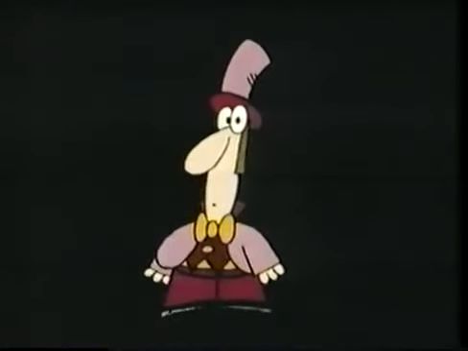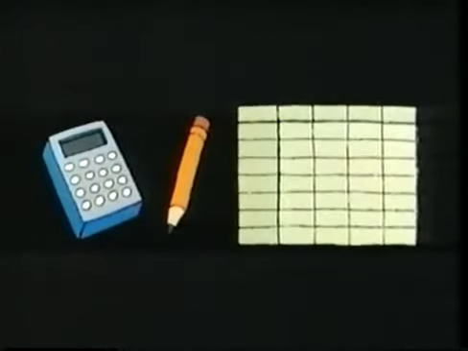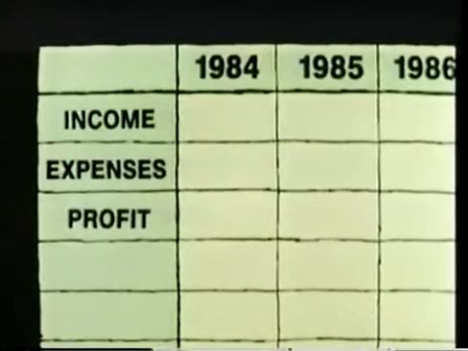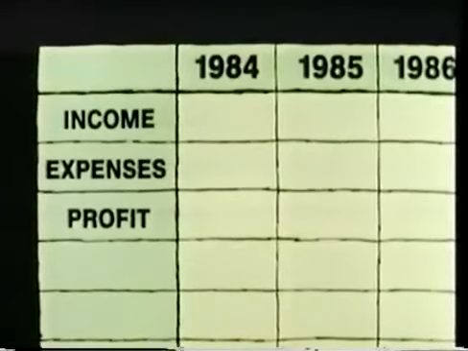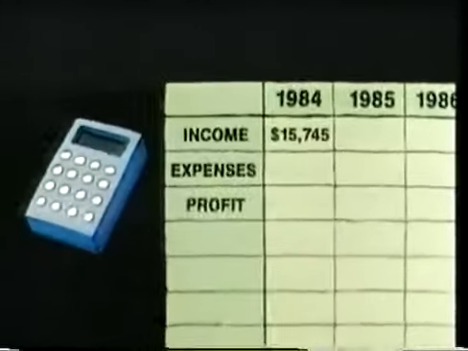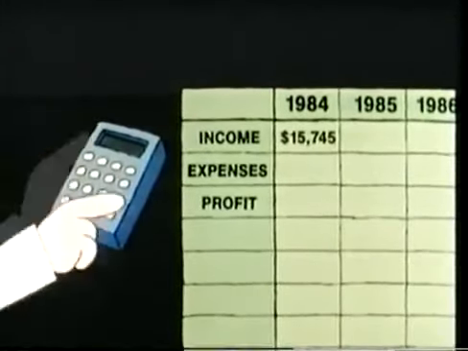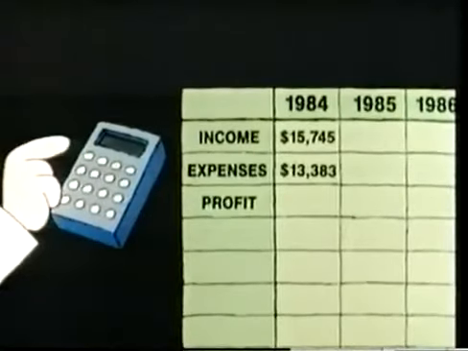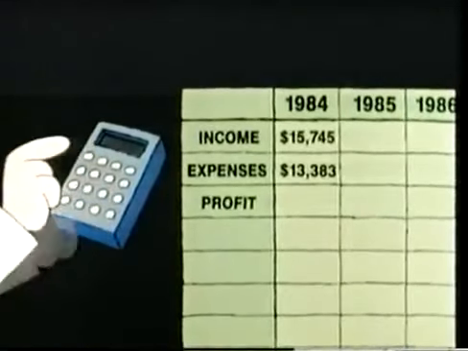One way to predict our financial happiness or misery is to take a calculator, a pencil, and a spreadsheet, and write the years along the top, and our income, expenses, and profit down the side. If our expenses are 85% of our income, we use our calculator to work out what that comes to, and then use the calculator again to subtract expenses from income to give us our profit.